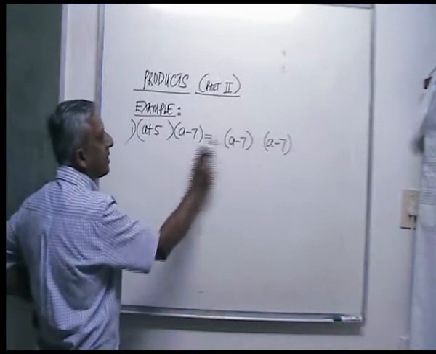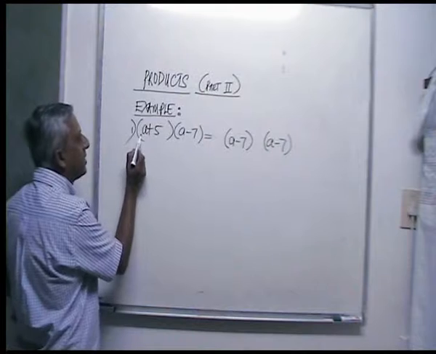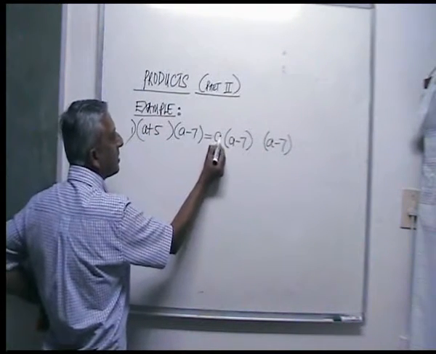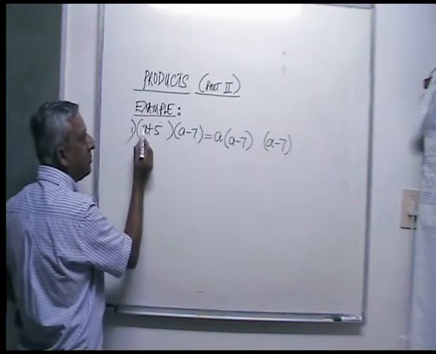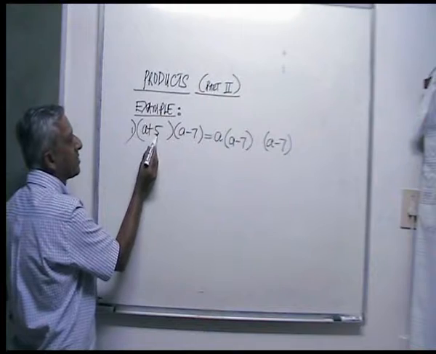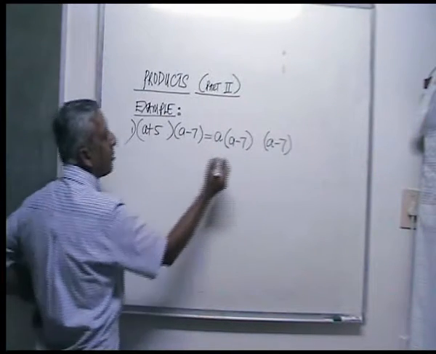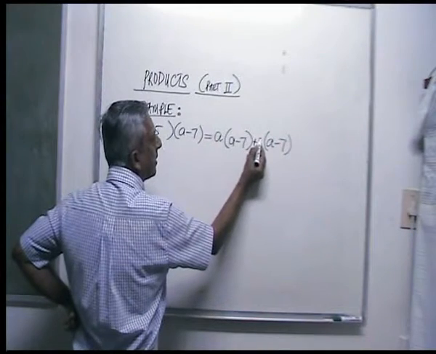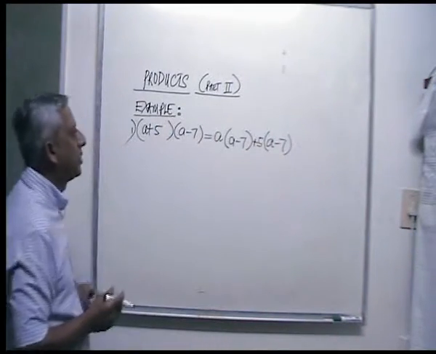So take the second bracket and write it 2 times. Then what's here? This is a. So you write this first term in front of the first bracket. And then what's left here? Plus 5. Then you write plus 5 in this space. Okay? So that's what you do.